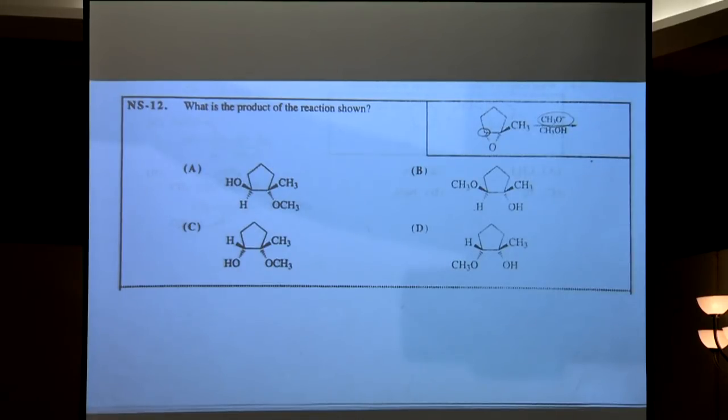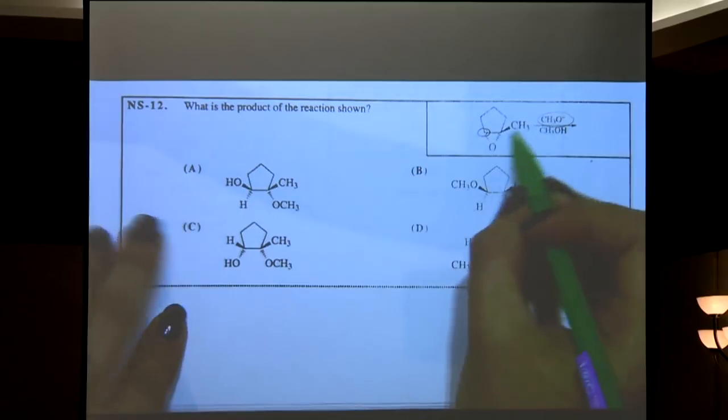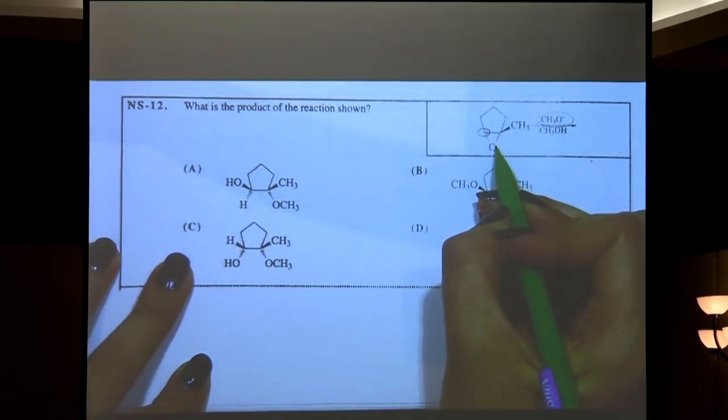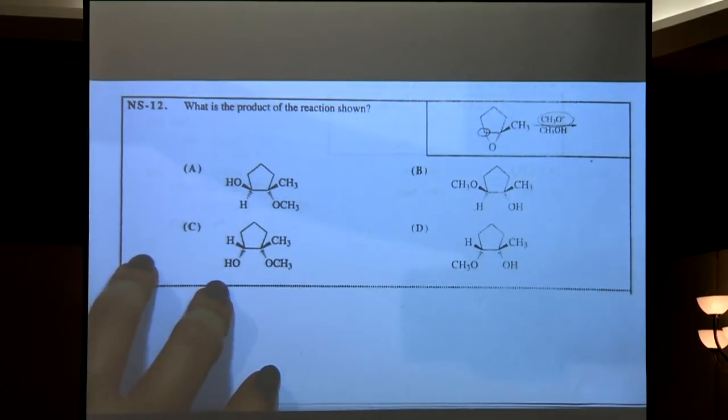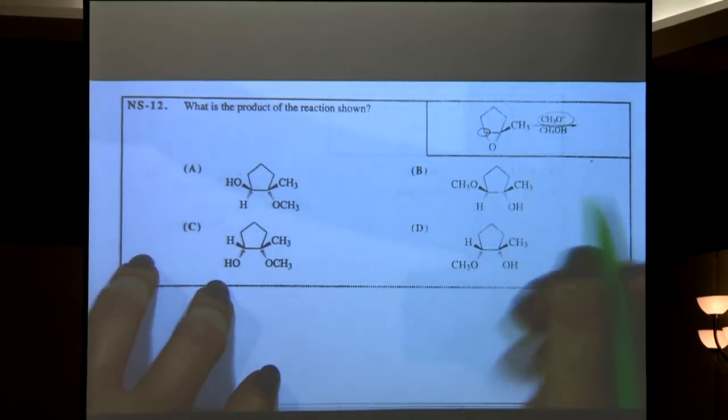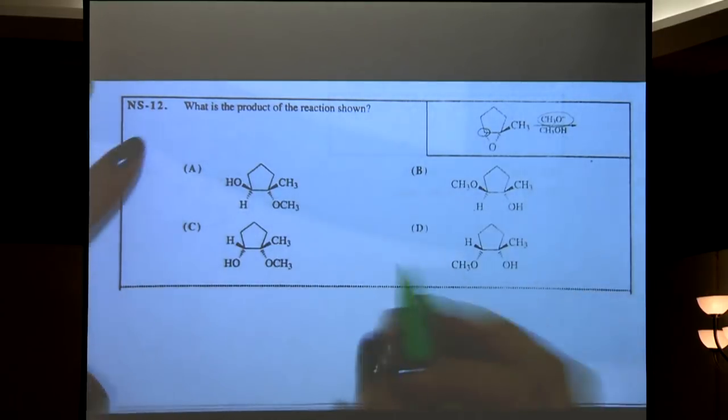Going back to this, we have the epoxide. We're going to attach to this least substituted side. Since it's an SN2 reaction, there's going to be inversion happening. So I'm just going to draw it over here.